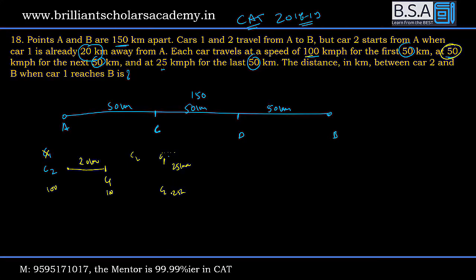तो ऑब्वियस सी बात है, when car 2 arrives, car 1 आगे निकल चुका होगा। कितना आगे निकल चुका होगा?